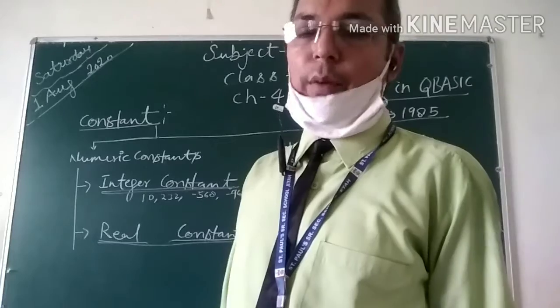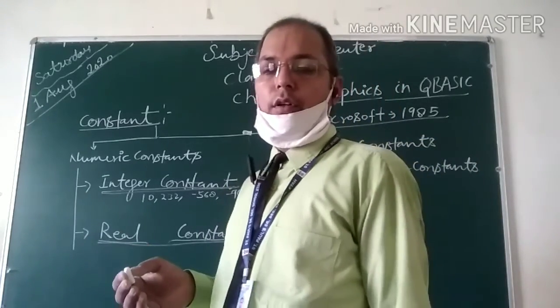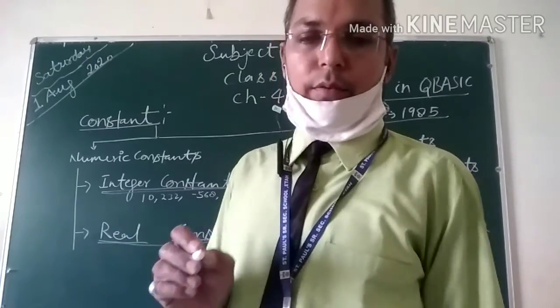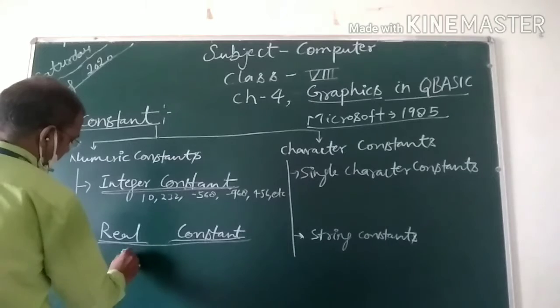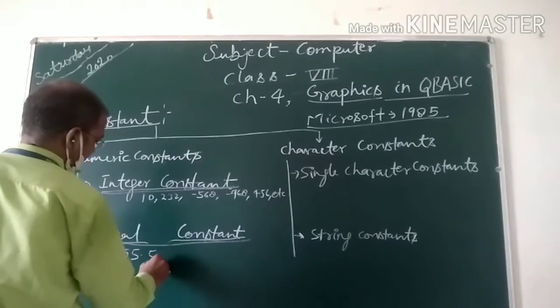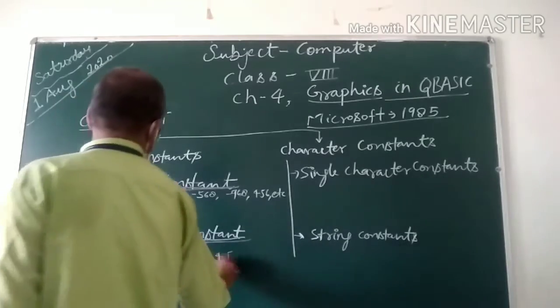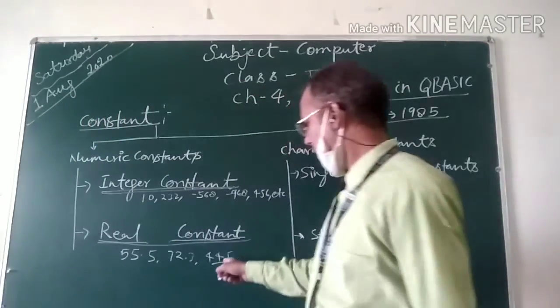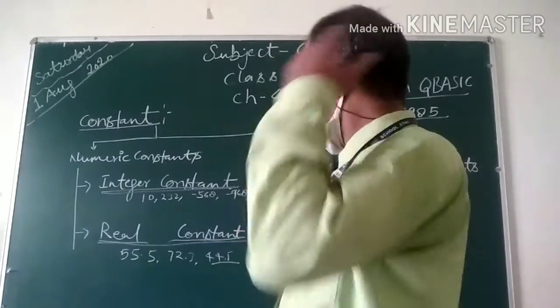For example, as on page number 44: 55.5, 72.3, 4. Fractional part after the point. It's called the real constant.